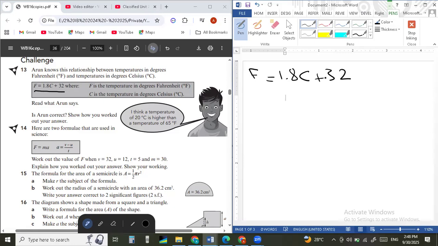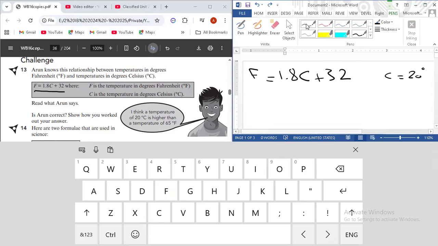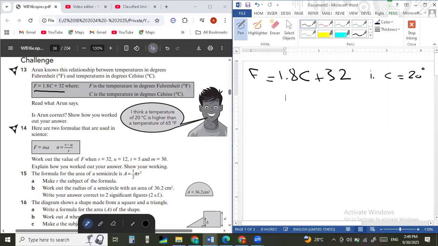Read what Aaron says. I think a temperature of 20 degrees Celsius. So he's saying if C equals 20 degrees Celsius, it's going to be higher than 65 Fahrenheit.